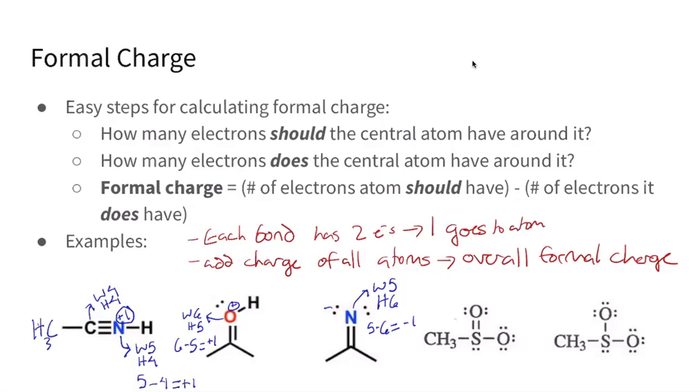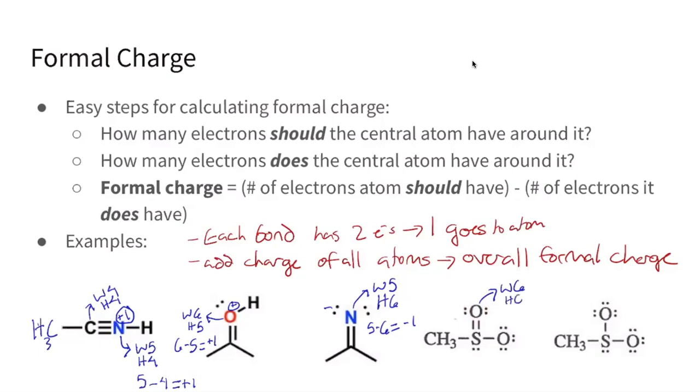Now I'm going to go ahead to our next example, which is right over here. Our oxygen wants to have 6 electrons again. And let's count up the amount of electrons it does have. 1, 2, 3, 4, 5, 6. Because each bond counts for 1 electron.